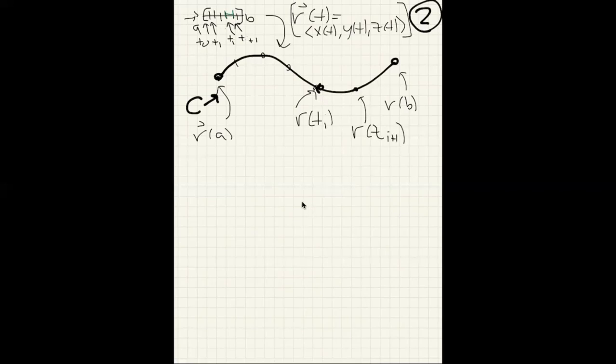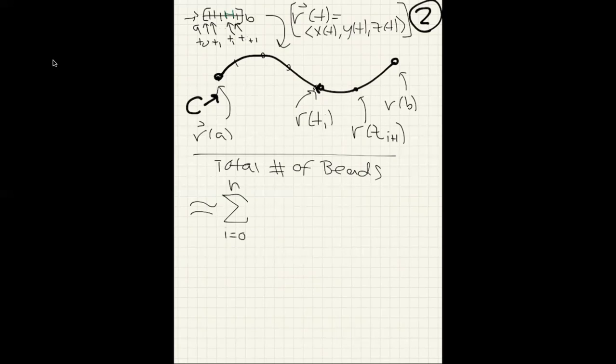Okay. And so I'm going to give a better and more formulaic approximation of the total number of beads. So the total number of beads is approximately a sum. If I've cut my interval into n pieces, I'll be going from i equals 0 up until n. And what am I going to do? I'm going to multiply the density times the length.